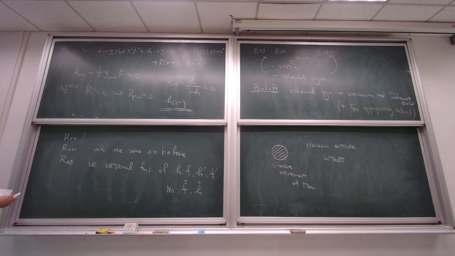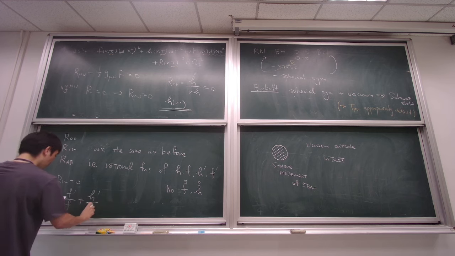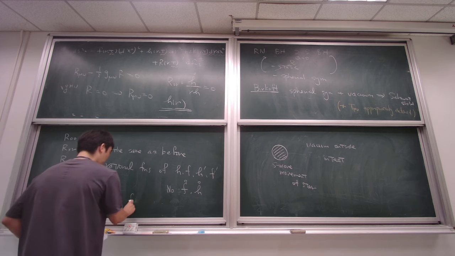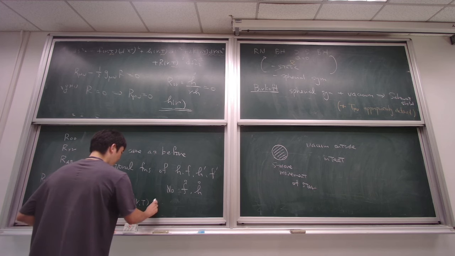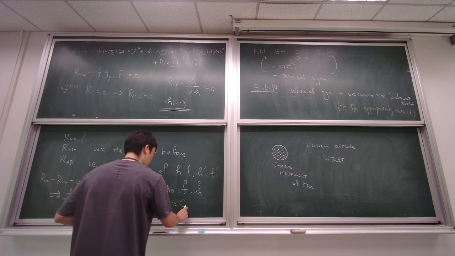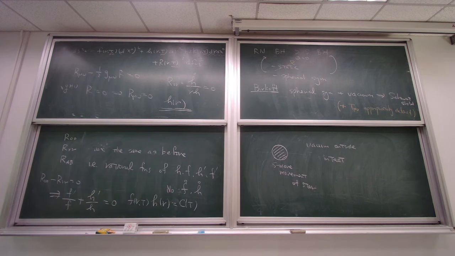And then if you do that again, R00 minus R equal to 0, you get f prime over f plus h prime over h equal to 0, which means that f of r,t times h of r is a function of t only.